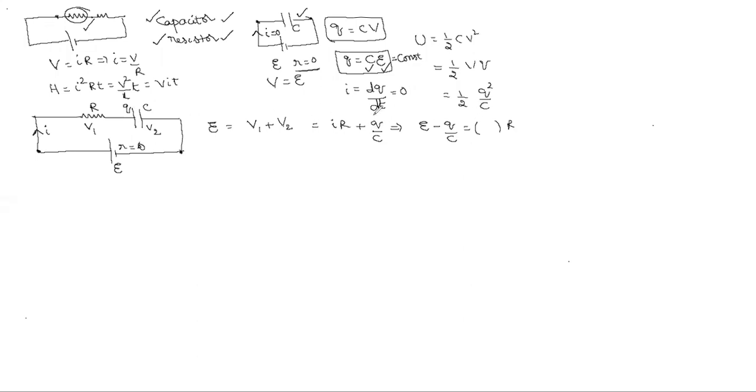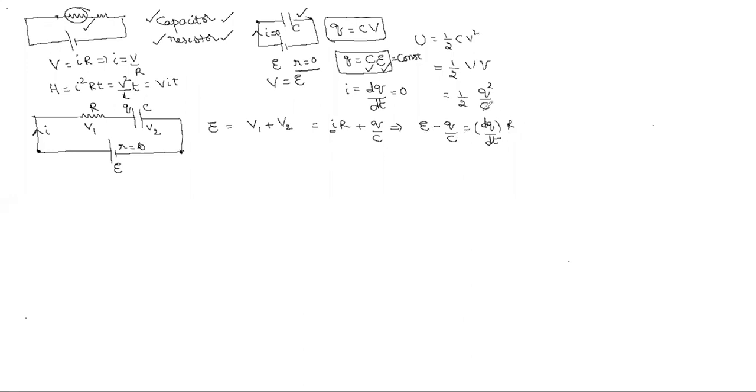Since it is a variable, can I write dQ by dt in place of I? Sir, is this the situation before charging? No, it is charging continuously, at present. When it is charging continuously, okay. Wait a little, you will understand.